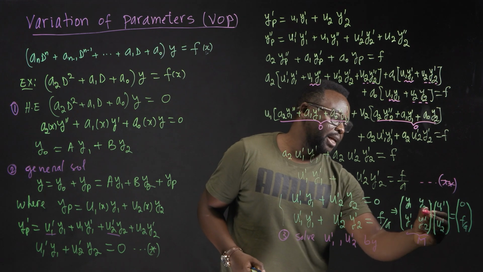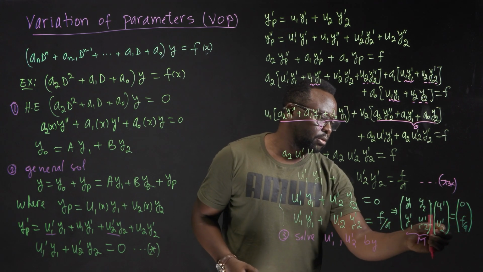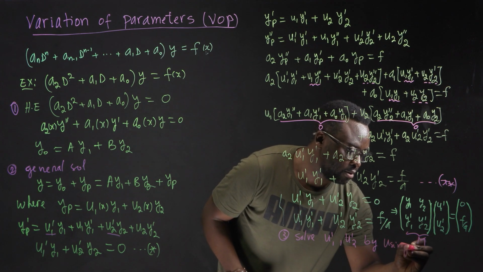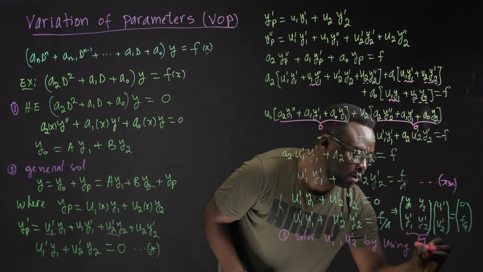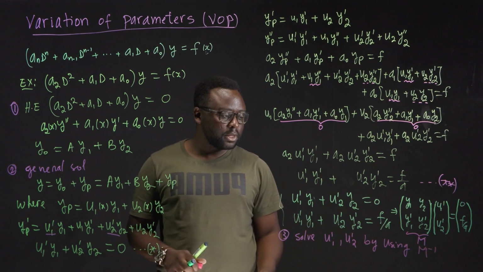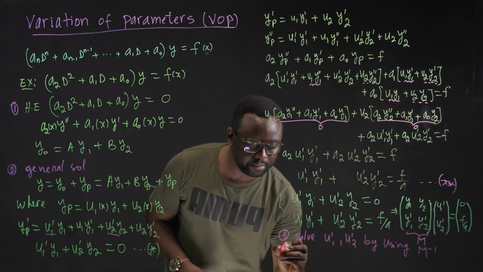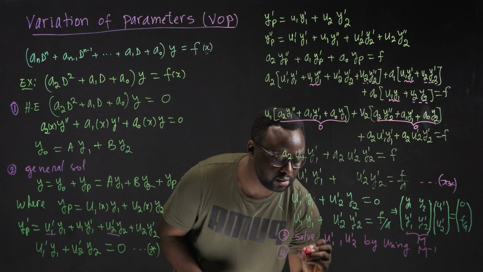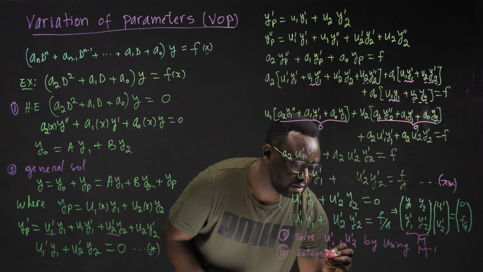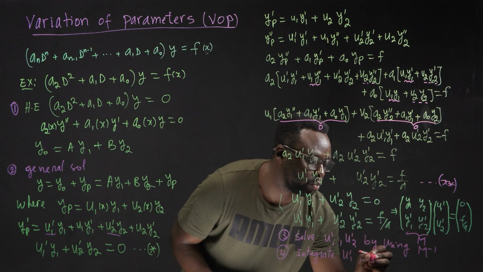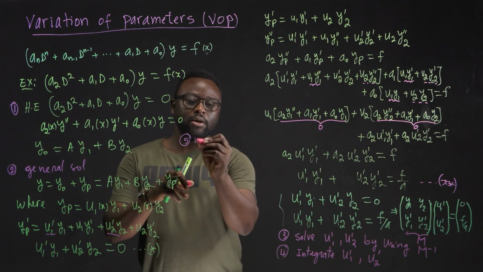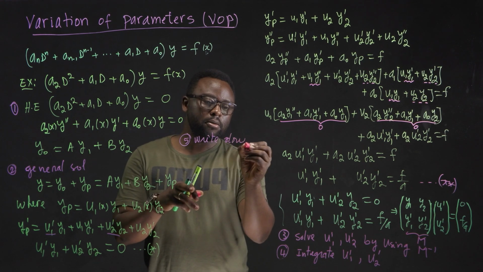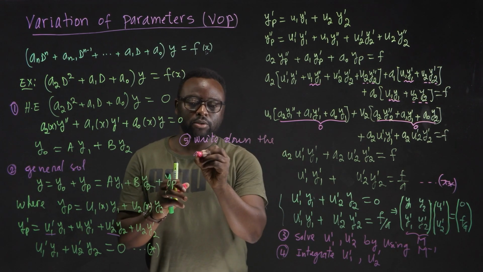So if you multiply this by the inverse of this matrix, then you obtain u1 prime and u2 prime by using the inverse, let's say M inverse. So this is the third step. The fourth step, once we obtain u1 prime and u2 prime, is to integrate u1 prime and u2 prime. Okay, finally, we write down the general solution.